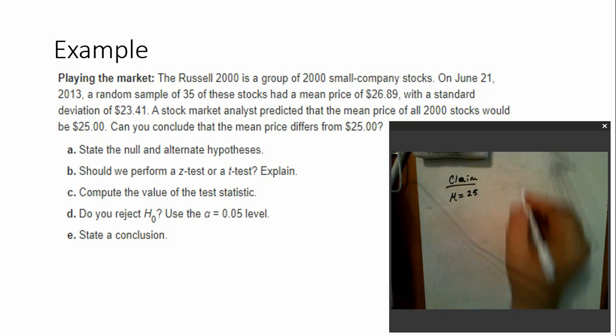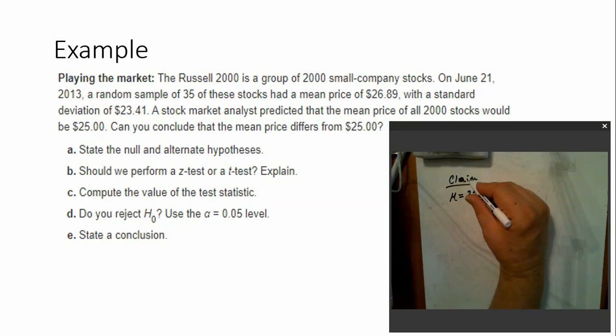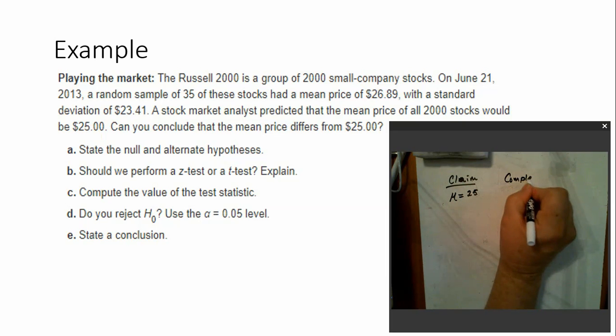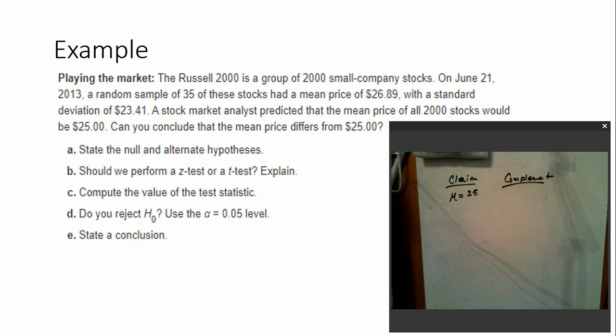But now I need a complement. So I'm going to leave this alone until the very end. I'm not even going to worry about which one is the claim until the end, and then we're going to reconcile. So I need a complement, and that complement to the equals is basically mu not equal to 25. And this is the same thing as mu less than 25 or bigger than 25, but not equals. So once we get this, we always start with a claim.